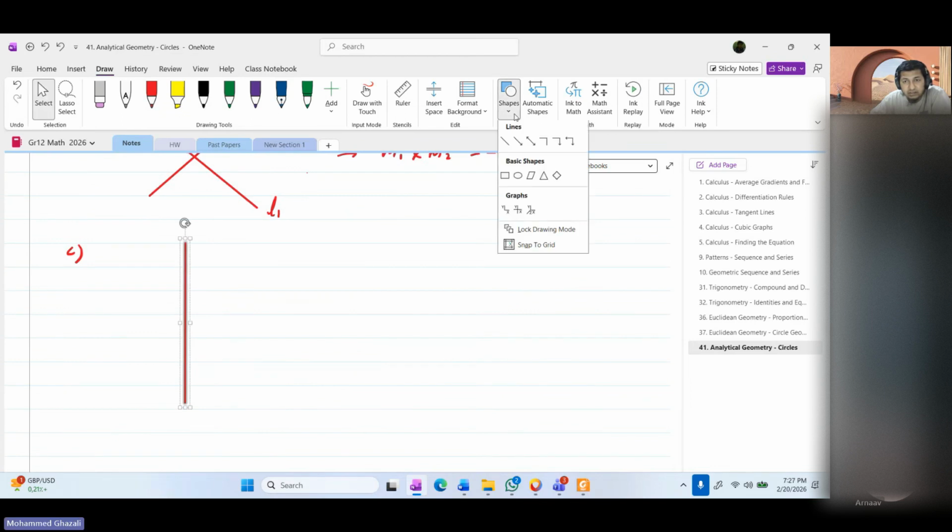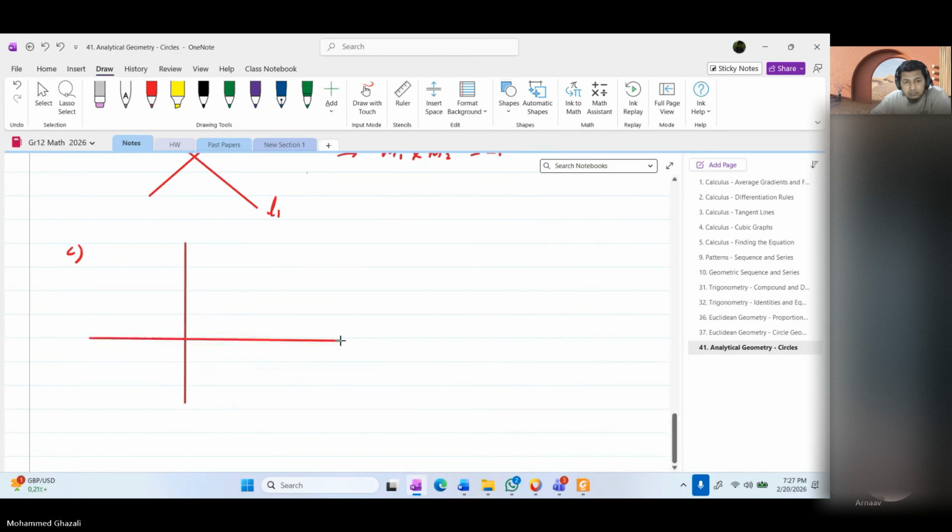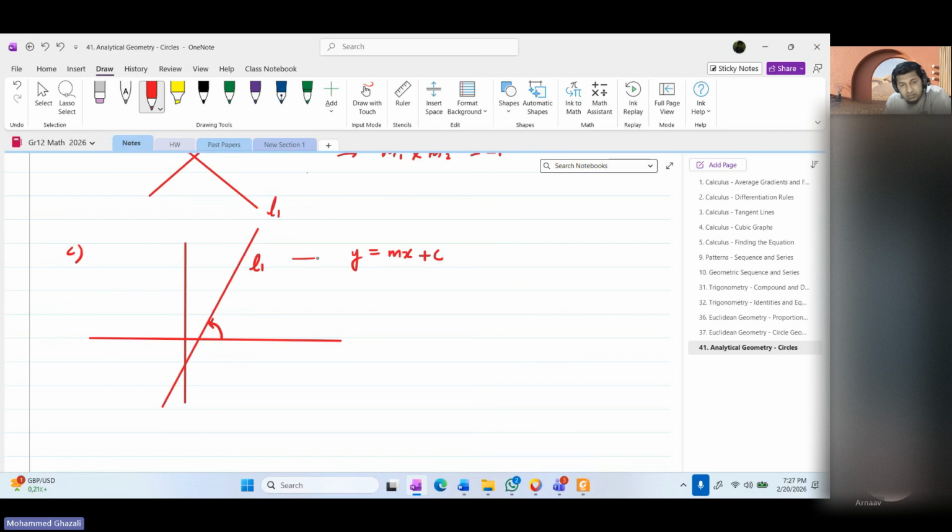Don't forget about inclination angles. So we have L1, we have a line, right? So we can say y is equal to mx plus c. That's the equation of this line. And we can see the gradient is positive. If the gradient is positive, it's positive sloping, it's an increasing function.